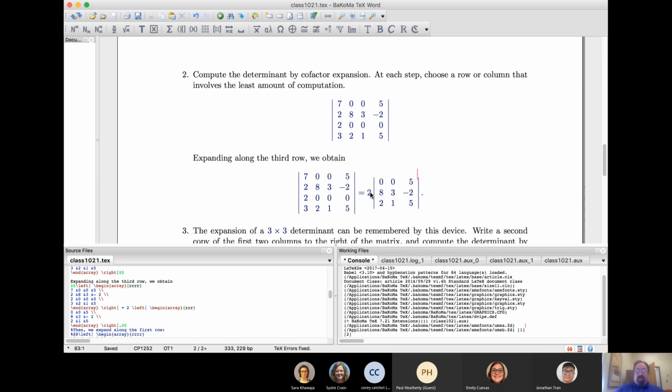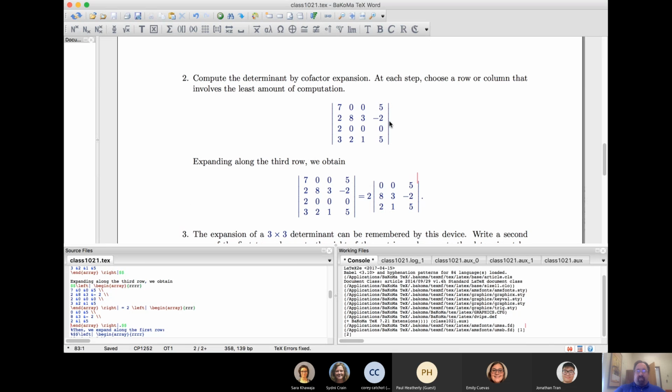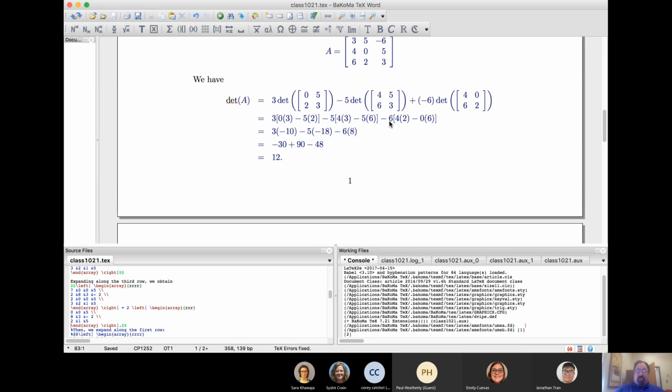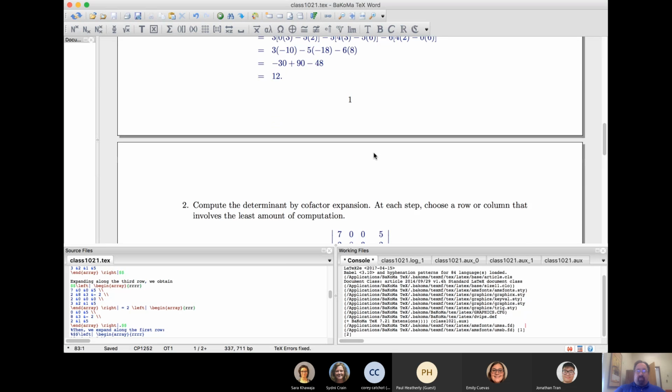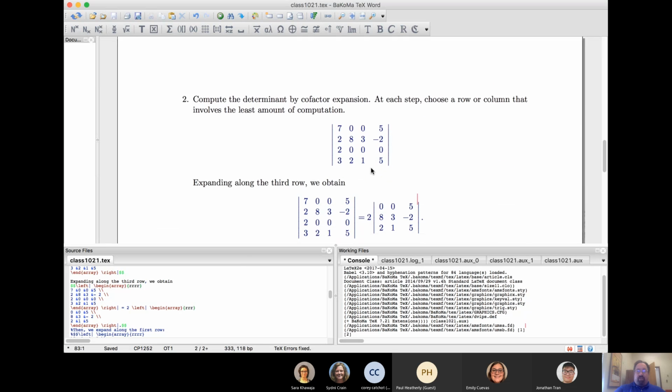So now what we know from this expansion along the third row, your determinant is equal to 2 times the determinant of this matrix. I want to point out the notation here. Here we have vertical bars, whereas normally with matrices I have these square brackets. So this is a common notation for determinants.